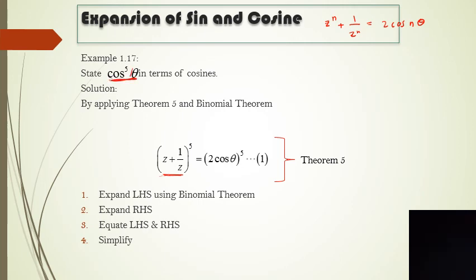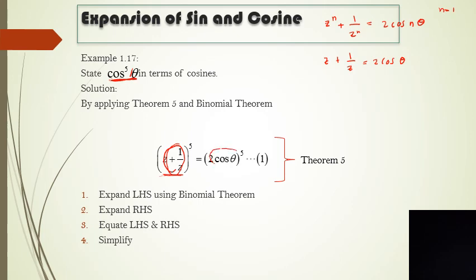Here it is cos theta, not cos 3 theta, so n is equal to 1, only 1 theta. So when n equals 1, it becomes z power 1 plus 1 over z power 1 is equal to 2 cos theta. That's why we get this one inside here.